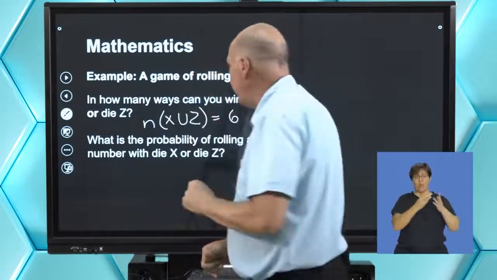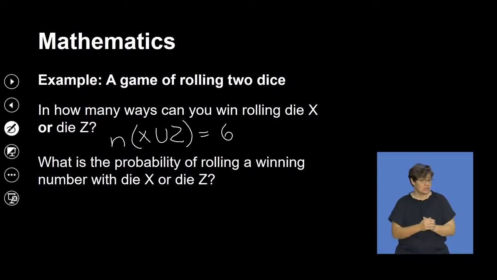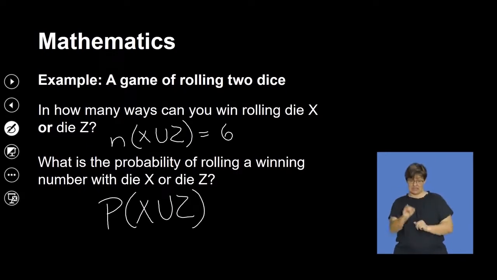So what's the probability? Well, it's not difficult to work out. The probability of X union Z is going to be the number of X union Z, which is 6, divided by 12.